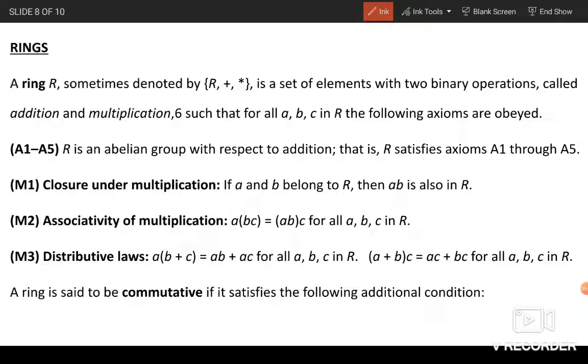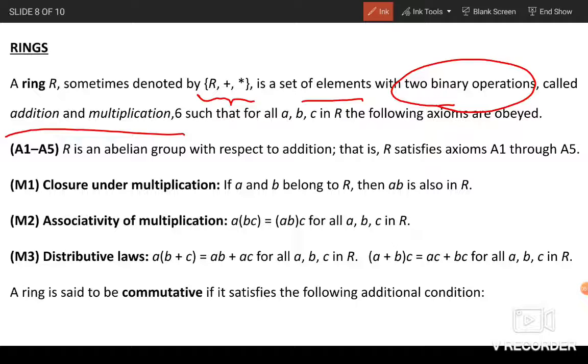We move on to the next structure, ring. A ring is sometimes called R, plus, star. It is also a set of elements with two binary operations, whereas the group is a set of elements with one binary operation. The ring has two binary operations called addition and multiplication.